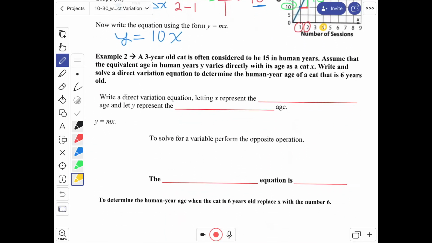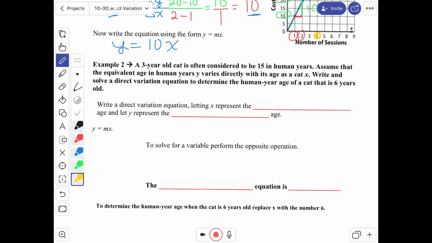Let's try example 2. A 3-year-old cat is often considered to be 15 in human years. Assume that the equivalent age in human years, y, varies directly with its age as a cat. Write and solve a direct variation equation to determine the human years age of a cat that is 6 years old.